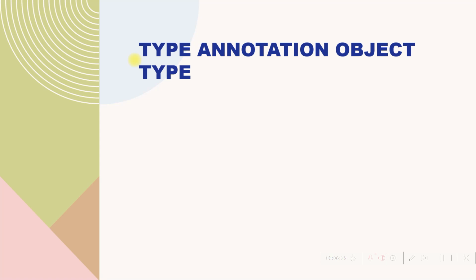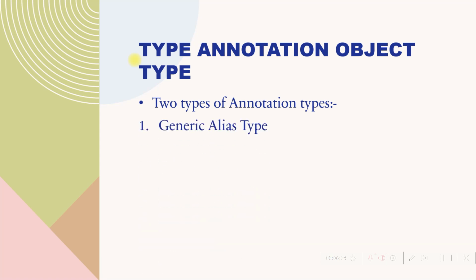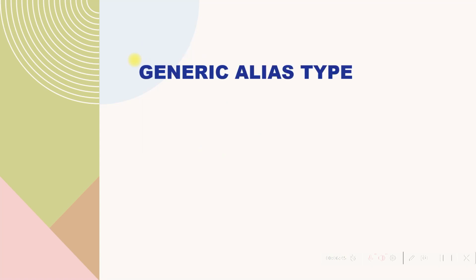Now, this annotation type object has two types. The first one is the generic alias type and the second one is the union type. Now let's talk about each one of these one by one. First of all, we'll talk about the generic alias type.